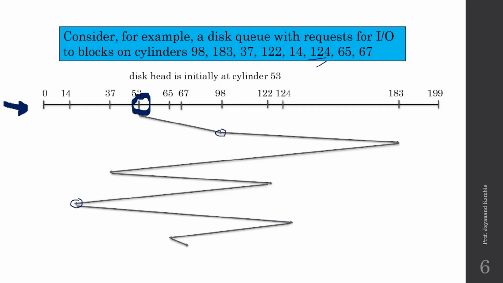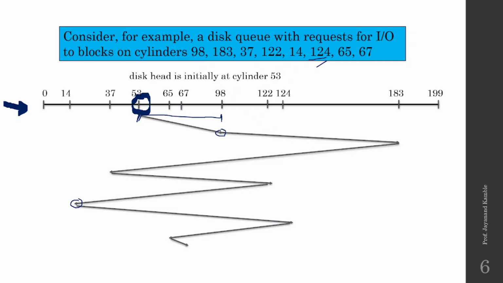In servicing all these cylinders, the head has crossed a number of cylinders, and that is what we have to count. The total number of cylinders crossed will be our seek distance. The current position was 53, so from 53 it moved up to 98: 98 minus 53.